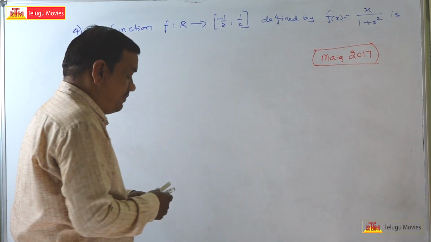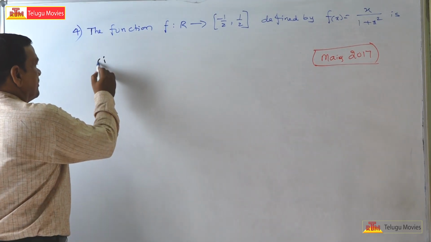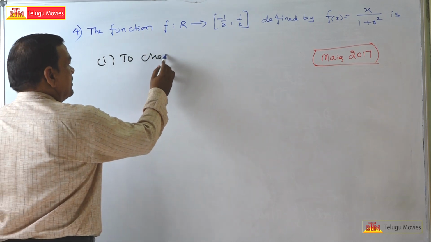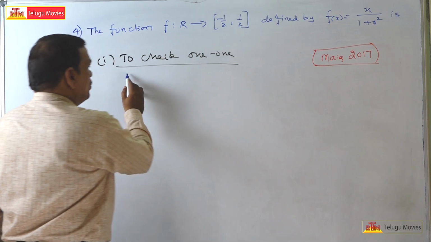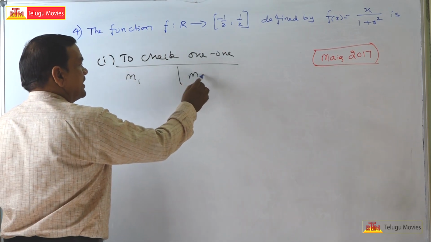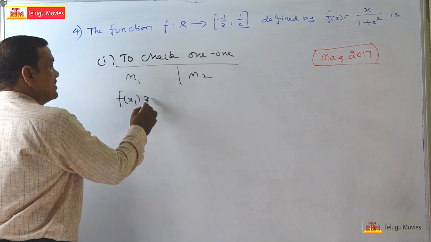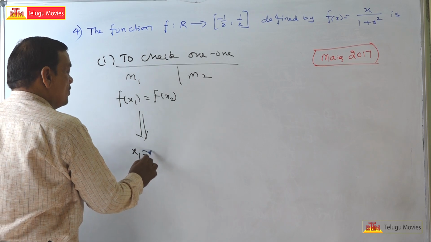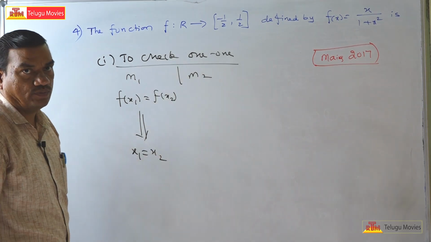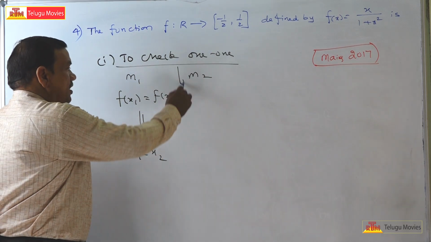Whatever may be, to check a one-one function, there are two methods. First method is to start with f of x1 is equal to f of x2 and arrive at the conclusion x1 is equal to x2, then it is a one-one function.